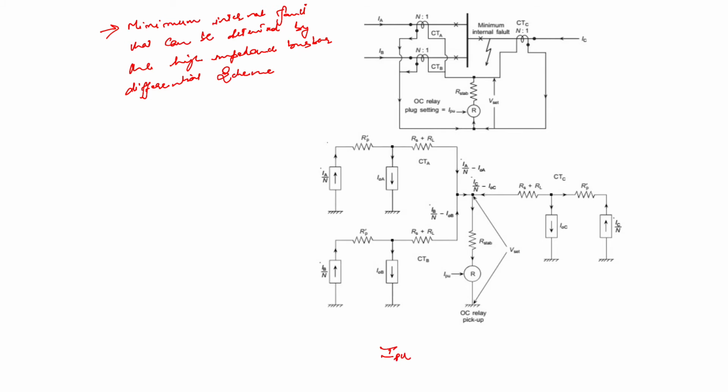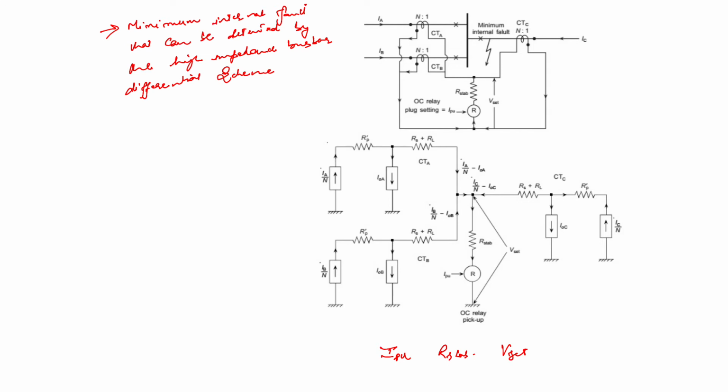The high impedance scheme has the pickup value of I per unit and a stabilizing resistance of R stabilizing, and therefore needs a minimum voltage of V set to be developed across the series combination of stabilizing resistance and overcurrent relay. Thus the minimum fault current on the CT secondary side that can develop the required voltage is given by V set.